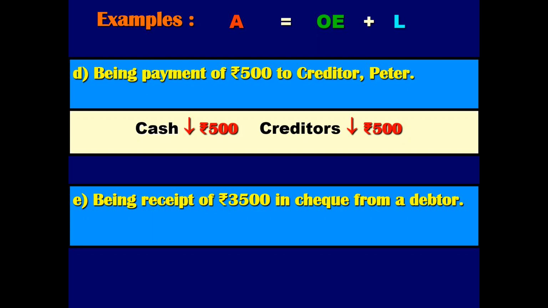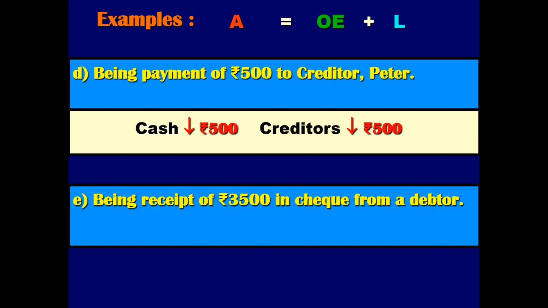The debtor level you maintain is 5,000. One person paid 3,500. So 5,000 minus 3,500, the remaining 1,500 debtor balance you are going to maintain.